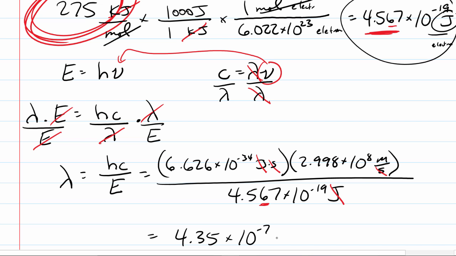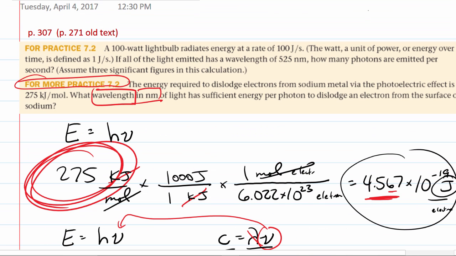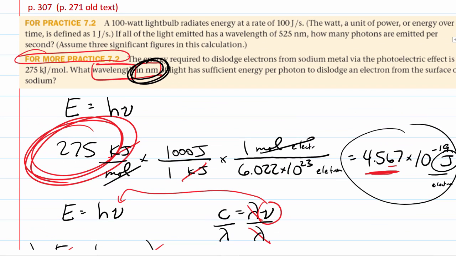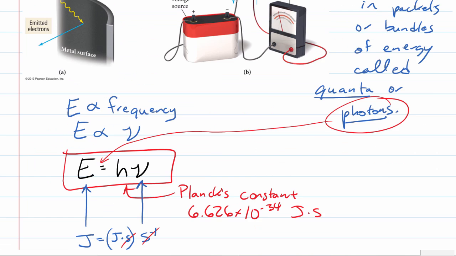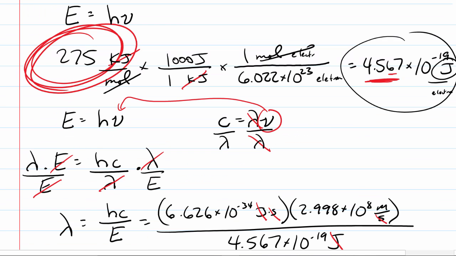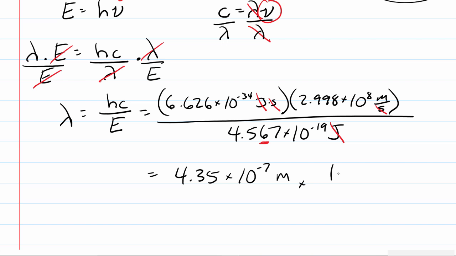The label is meters. We, however, did not want this in units of meters. We wanted this one in nanometers. So we come back to our conversions in case we haven't learned them yet. 1 nanometer is 10 to the negative 9th meters. So coming back here, 1 nanometer is 10 to the negative 9th meters.